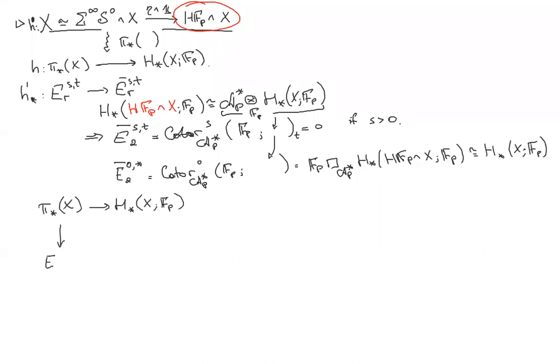Here, E infinity 0 something, E2 0 something, E2 0 something bar, which is the same as E infinity 0 something bar, which is the same as here.